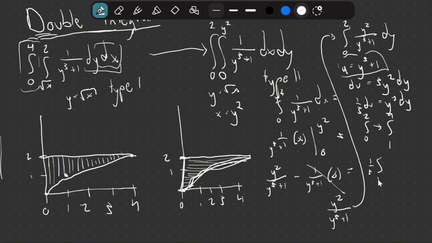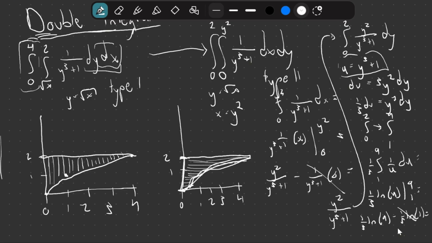So 1/3 integral from 1 to 9 of 1 over u du, which just equals 1/3 ln u from 9 to 1, which is 1/3 ln 9 minus 1/3 ln 1. ln 1 is always equal to 0 because anything to the power of 0 is equal to 1.